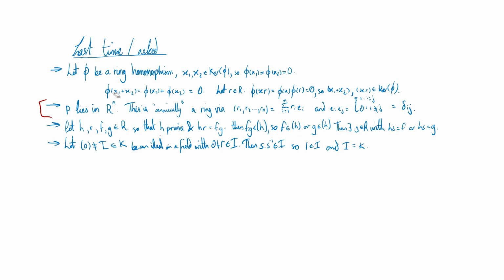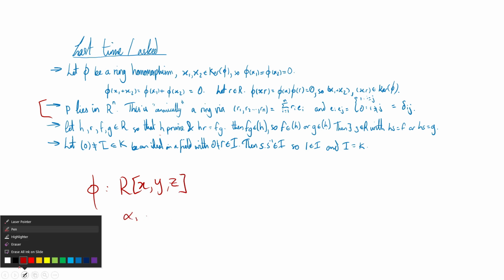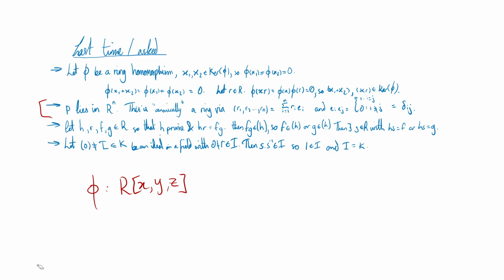So now we discuss this, where you want to evaluate some multivariate polynomial, let's say x, y, z, or alpha 1, alpha 2, alpha 3. Well, you want to assign some ring element here.